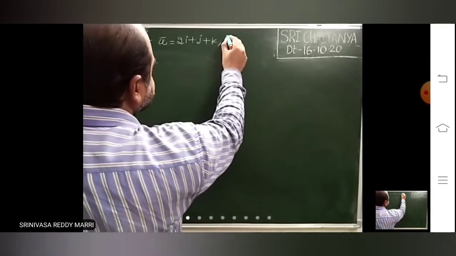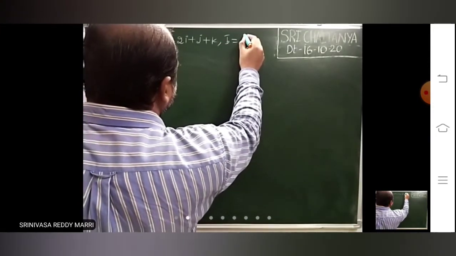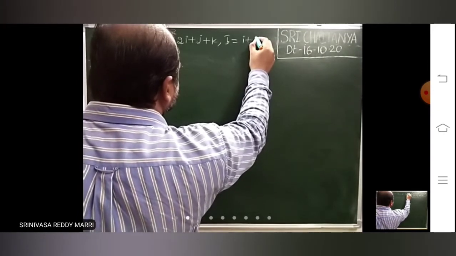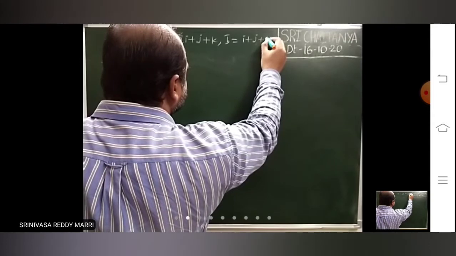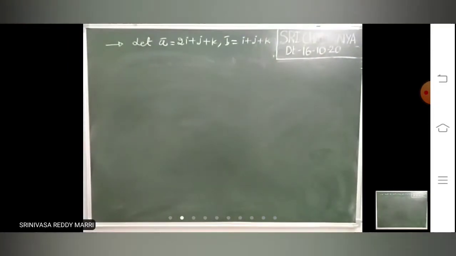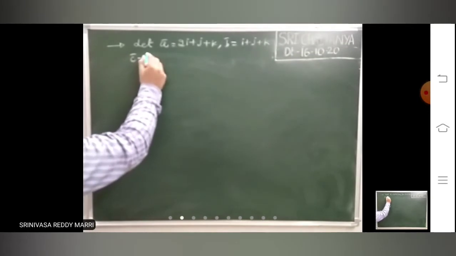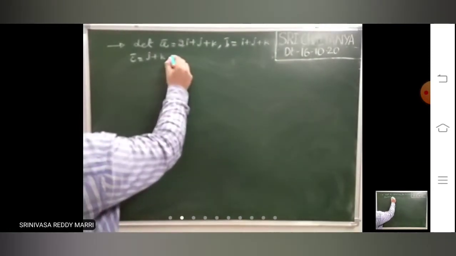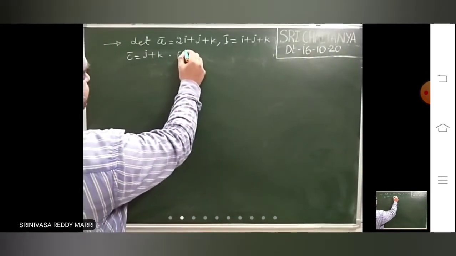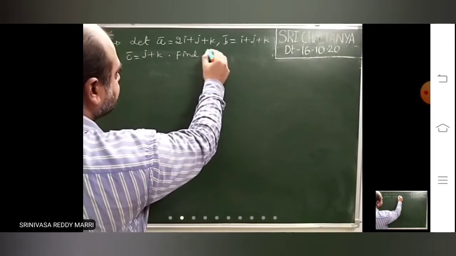A bar is given this. B bar is given this. C bar is given this. Find R bar.